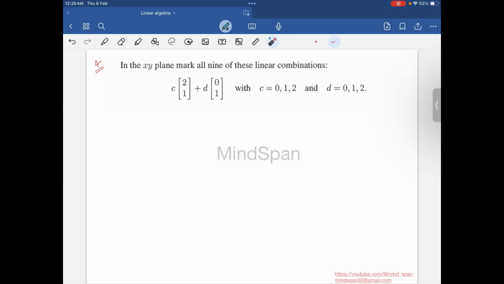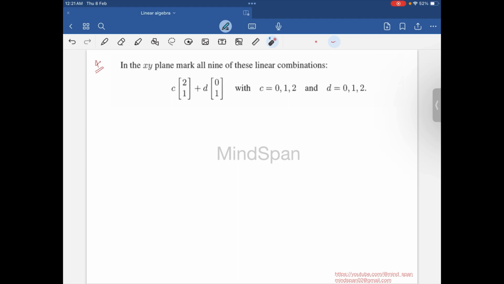In the XY plane, mark all 9 of these linear combinations with c equal to this and d equal to this. You see that here c has some constraint, that is, c has only the values 0, 1, 2, and d has only 0, 1, 2.